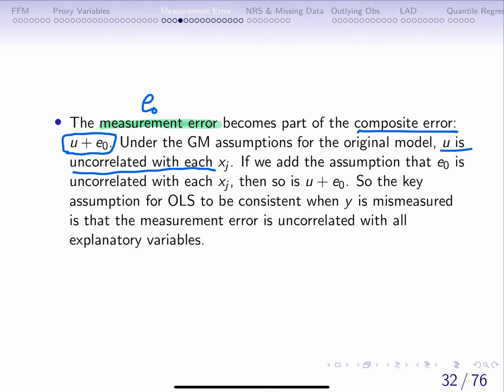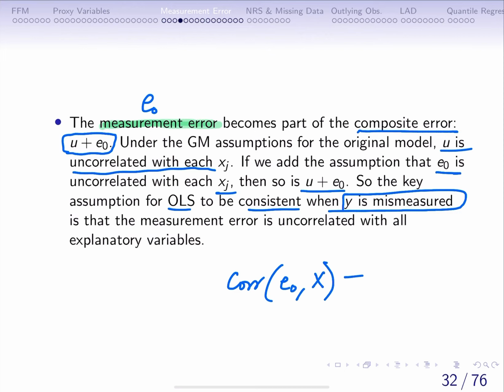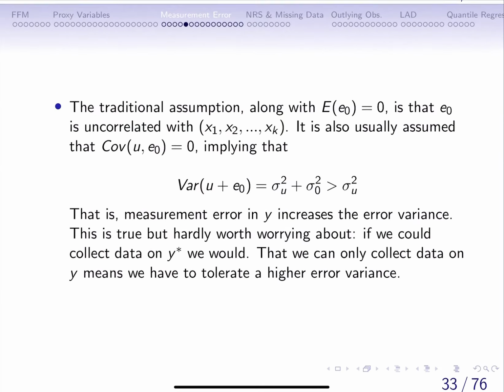And if we add the assumption that E naught is also uncorrelated with each of those x's, then we are okay. So the key assumption for OLS to be consistent when our dependent variable has a measurement error is that the measurement error E naught is uncorrelated with all the x's. This is the condition that we are thinking about.